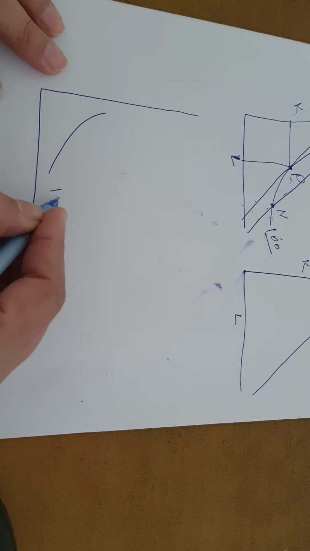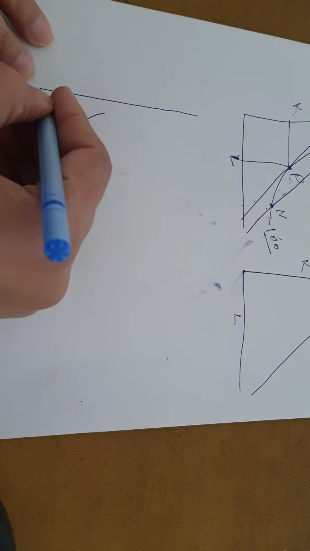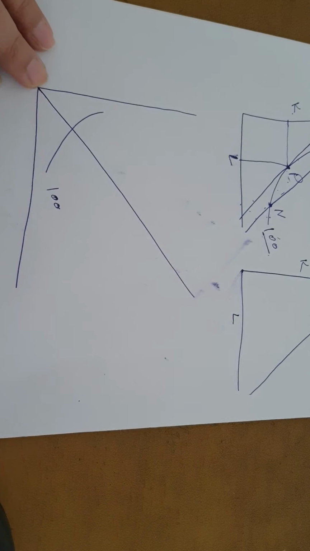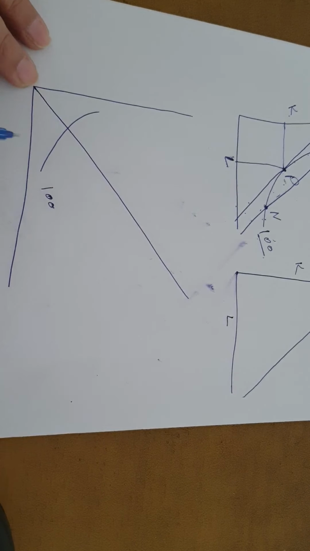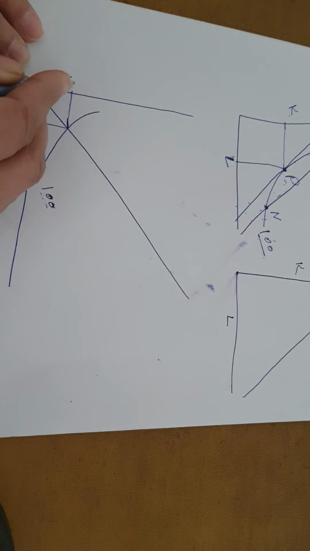This is our isoquant for production of 100 commodities. Let me draw a straight line. It will help me to draw the diagram clear. So to produce 100 units, you are using this much of labor and capital. Labor and capital.